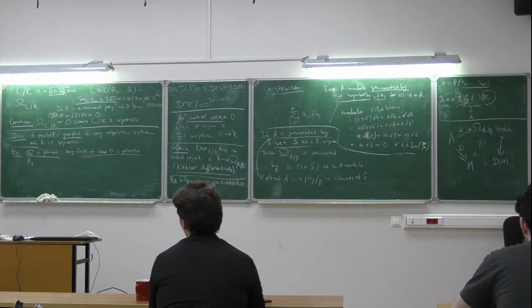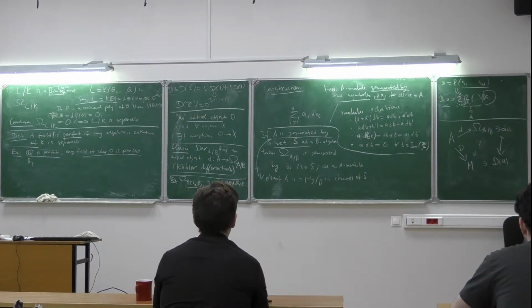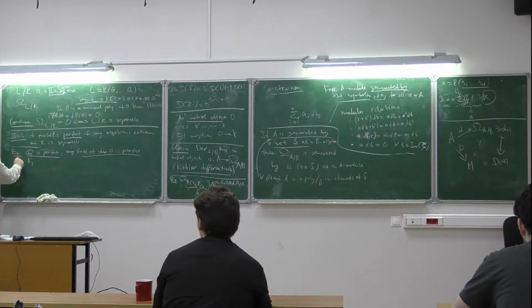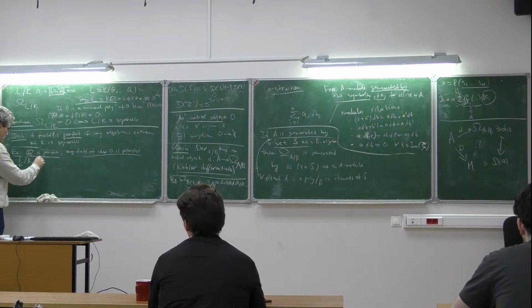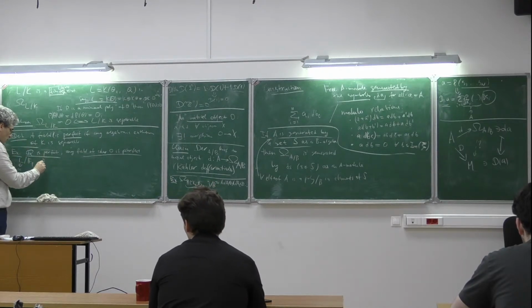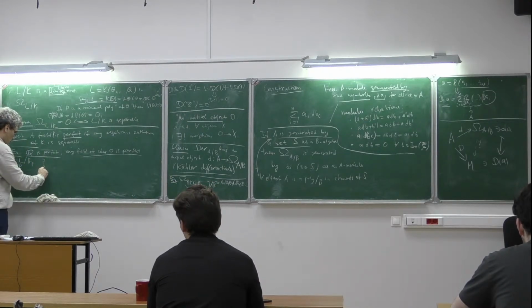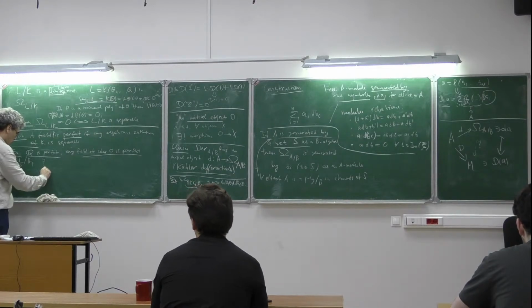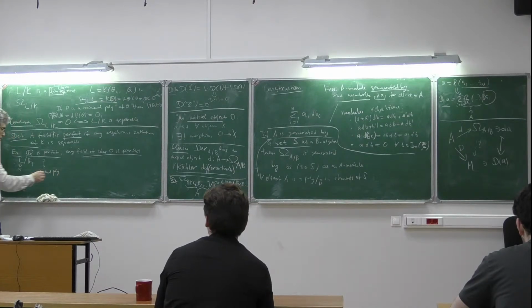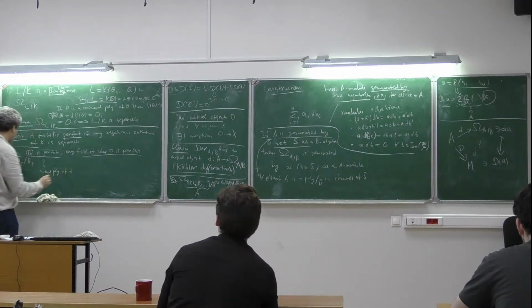If we suppose that we have an element which is not separable over F_p, yeah, so if alpha is not separable, we can look at its minimal polynomial. So P is the minimal polynomial of alpha, yeah.